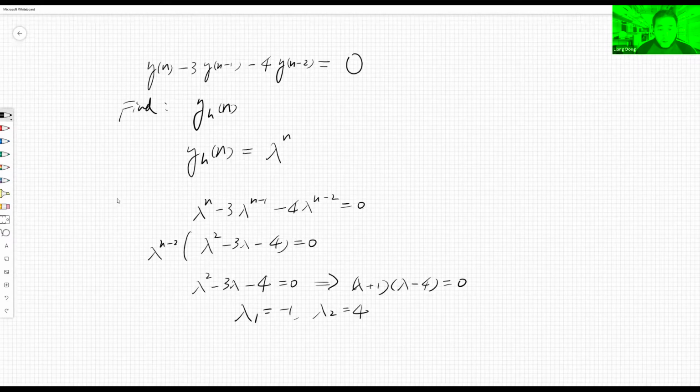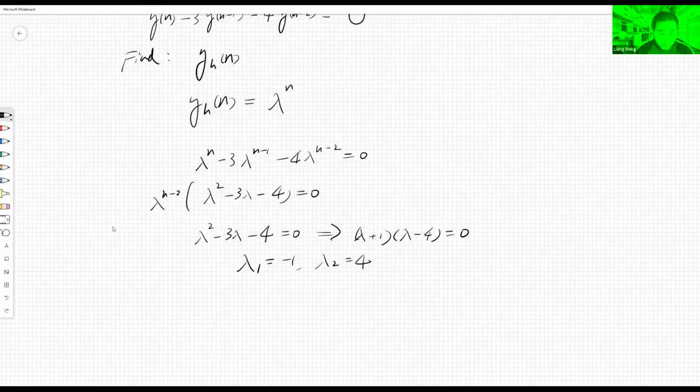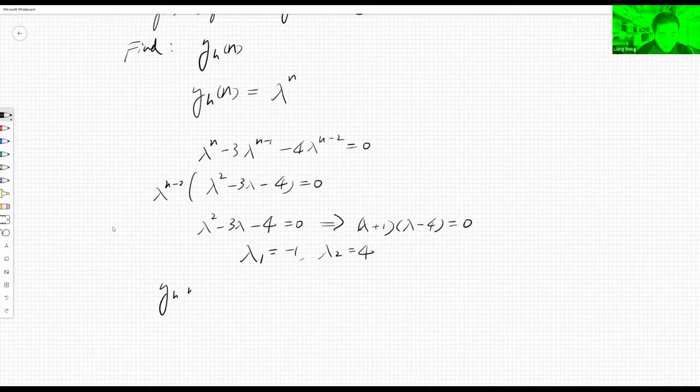Therefore, my homogeneous solution is in the form of y[n] equal to c1 times lambda 1, which is -1, to the power n, and then I have another term c2 of the basis 4, lambda 2 to the power n. Okay, so that is the solution for the homogeneous equation.